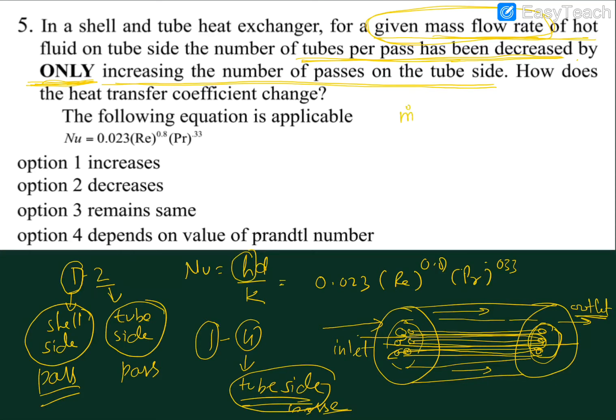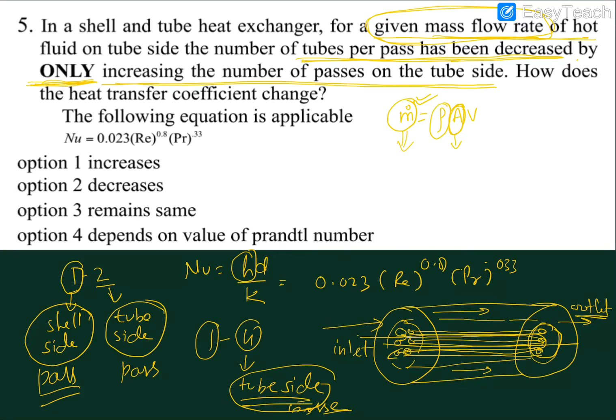Now if you see, mass flow rate is nothing but rho A into V. This value is constant, that means the processing fluid mass flow rate is constant, that means the total amount at inlet and outlet are the same. That is given. So density is also constant. But what is happening: when you are decreasing the number of tubes per pass, the effective area of flow is decreasing.